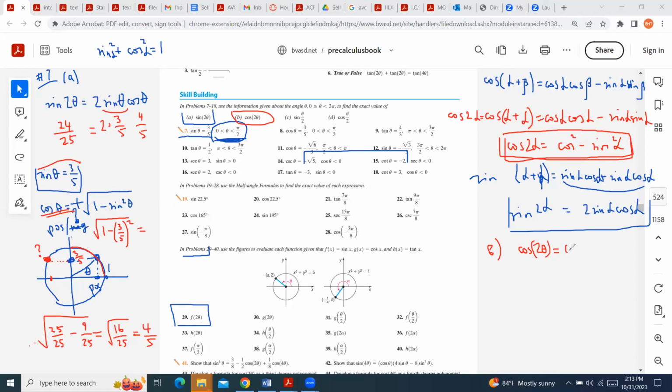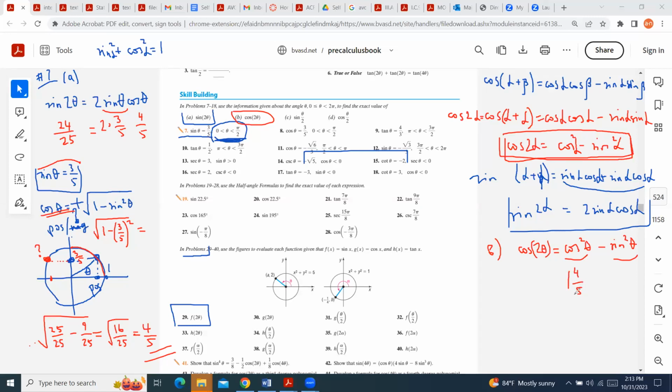So it's a square of cosine theta minus, I need to use same angle, square of sine of that same angle. So we have both of them. So square of cosine, we just found the cosine, it's 4/5 squared.